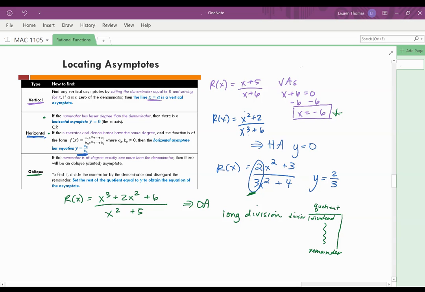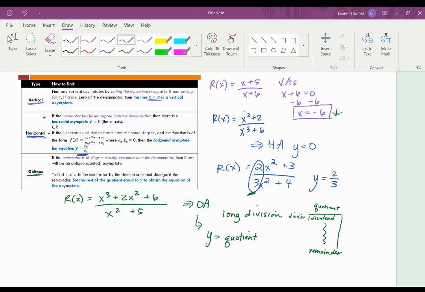So when you do long division, your oblique asymptote is going to be wherever your quotient is. You don't care anything about the remainder, you can discard it, but your oblique asymptote will be y equals whatever the quotient is. Okay, of the 3 asymptotes, you guys are probably not going to like oblique asymptote as much because you have to do long division.